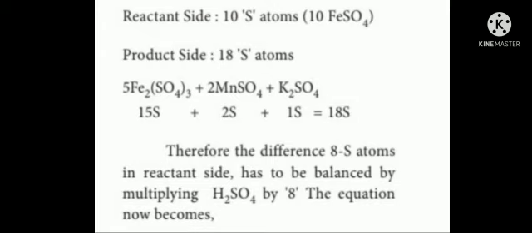Therefore, the difference of 8 sulfur atoms in reactant side has to be balanced by multiplying H2SO4 by 8. The equation now becomes 10 FeSO4 plus 2 KMnO4 plus 8 H2SO4, which gives 5 Fe2(SO4)3 plus 2 MnSO4 plus K2SO4 plus H2O.